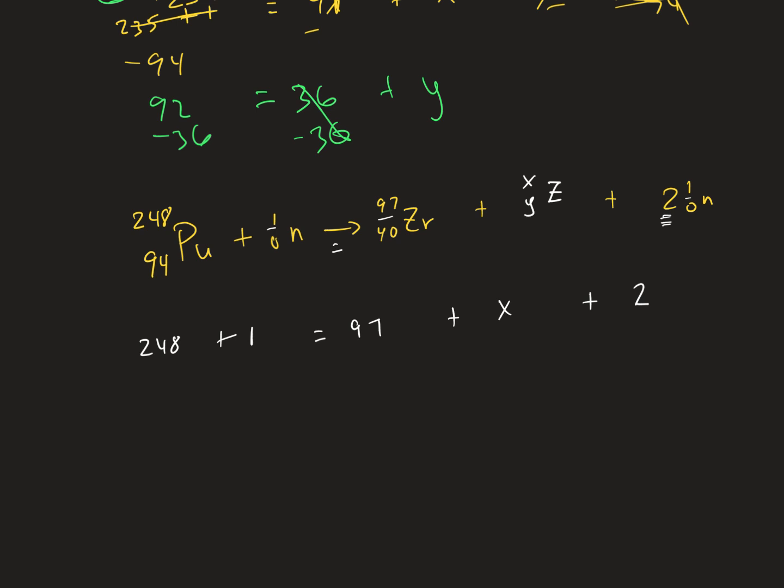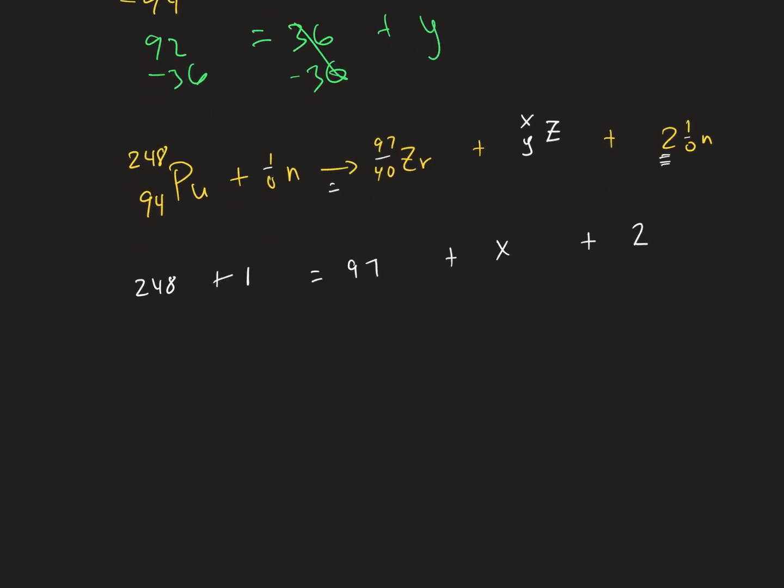And let's simplify it. 248 and 1 on this side makes 249. Equals 97 plus 2 is 98 plus X. Do you understand that step? 97 plus 2 is not 98. Sure. Come on. 99. You're right. I was just making sure you guys are with me, that's all.